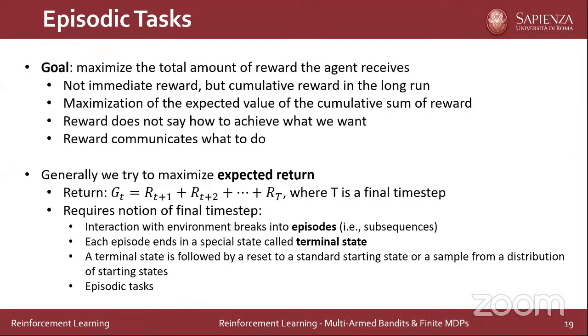We don't care a lot about the agent receiving plus 100 now, but we care about the fact that instead of receiving only plus 100 now and zeros everywhere else, we want to receive plus 1 for 1,000 steps, for example, which is better from the agent's perspective. So the expected value here is the expectation of the cumulative sum of the rewards.